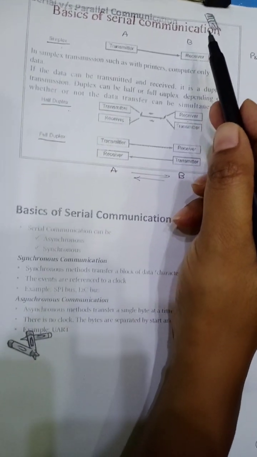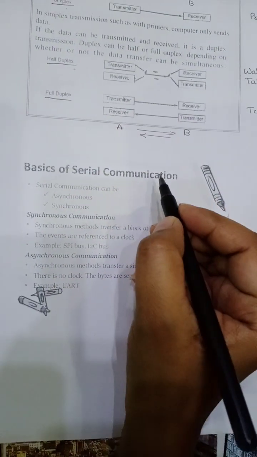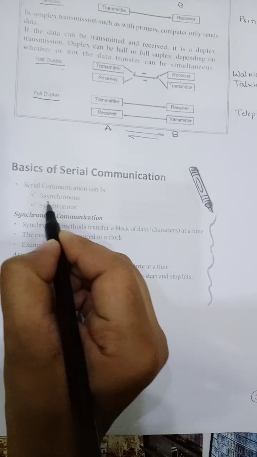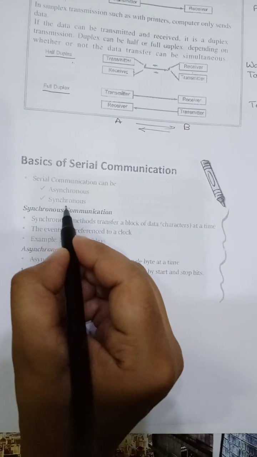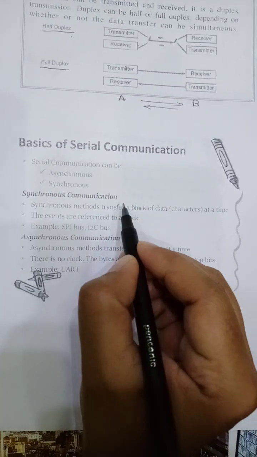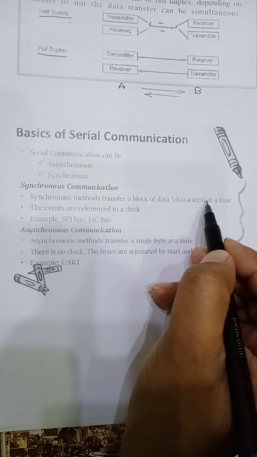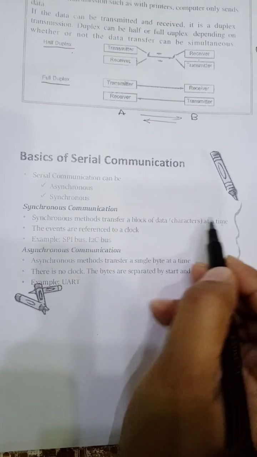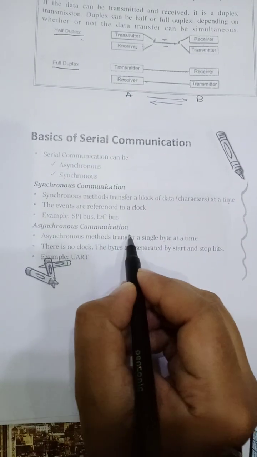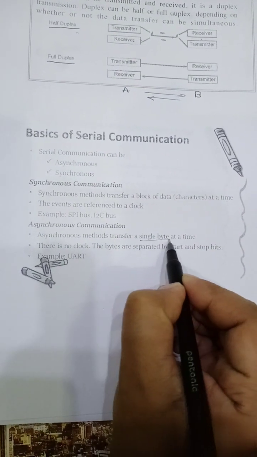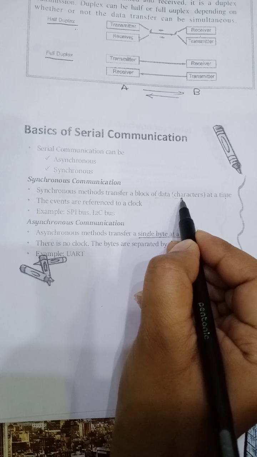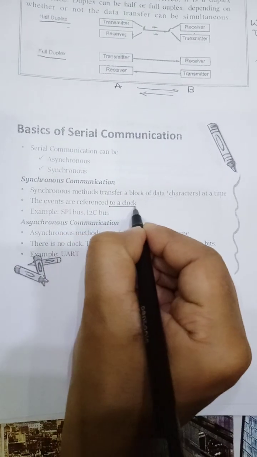There is another classification in serial communication, that is, serial communication can be asynchronous or it can be synchronous. So in the synchronous serial communication, a block of data will be sent at a time. Whereas in the asynchronous communication, a single byte will be transmitted at a time. In synchronous communication, the events are referenced to the clock.